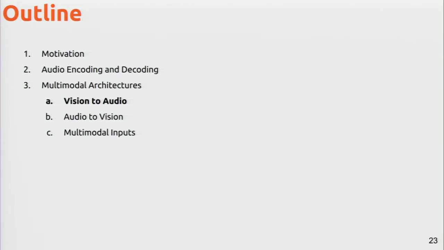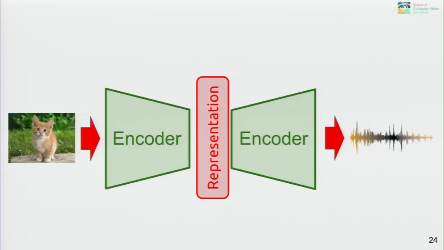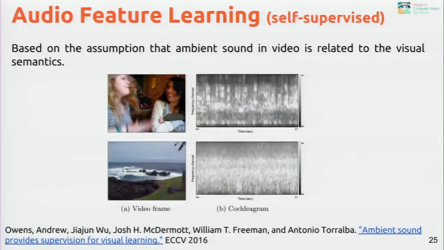So let's look at multimodal architectures between vision and audio. That goes from visual information to audio, and exploits the self-supervised paradigm. One of the first works is that, in this work, for each frame, they extracted the frequency information.